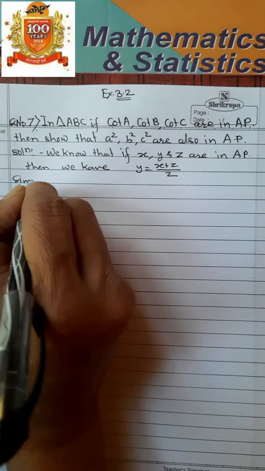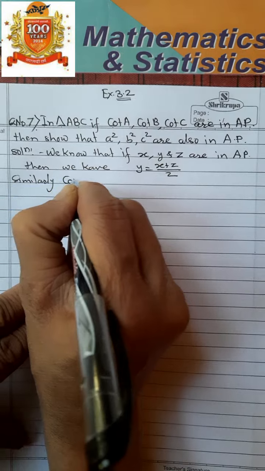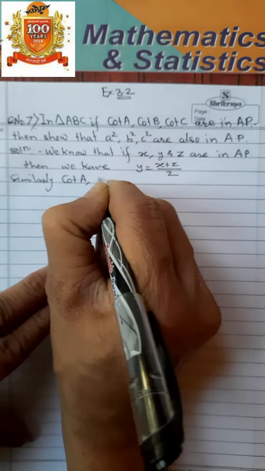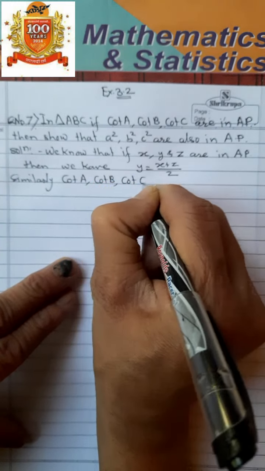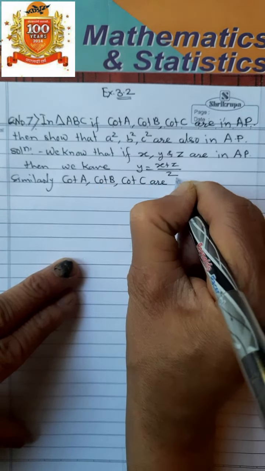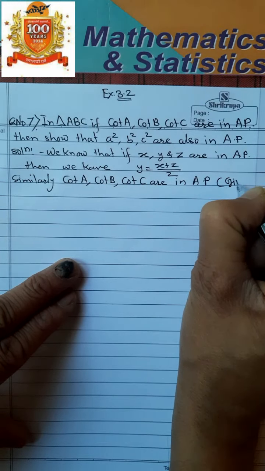Similarly, cot A, cot B, cot C are in AP. This is given.